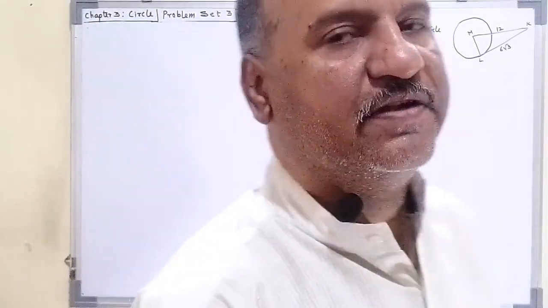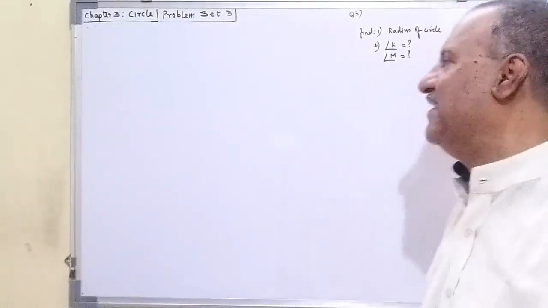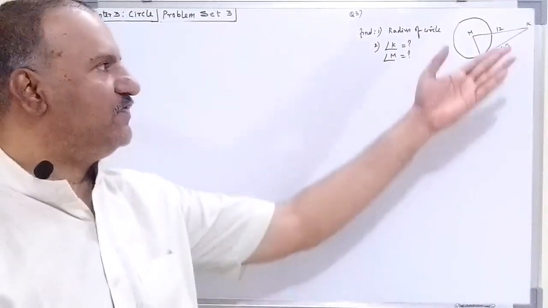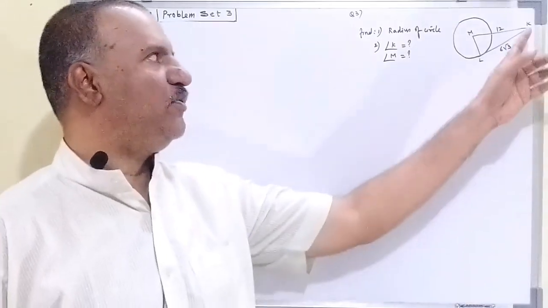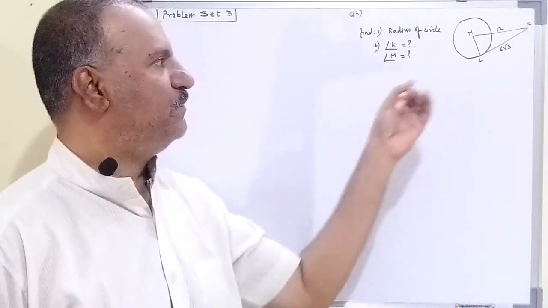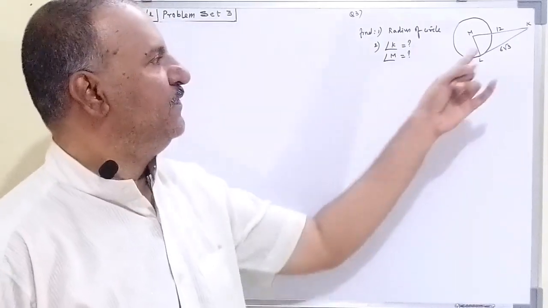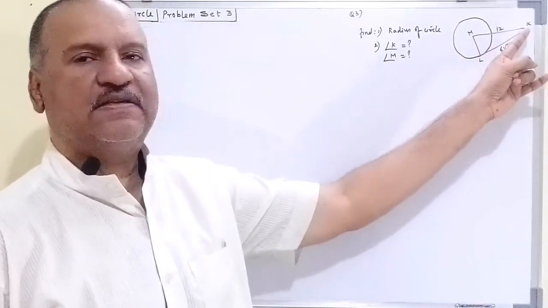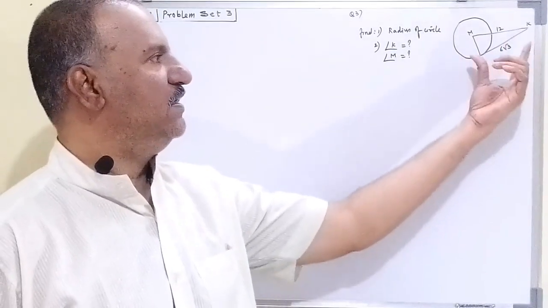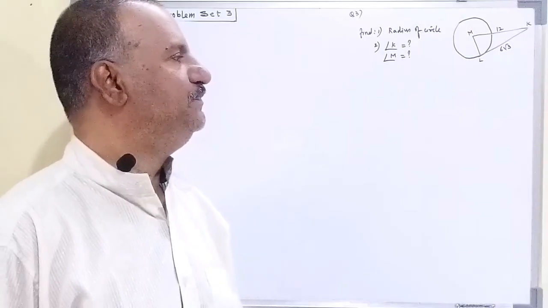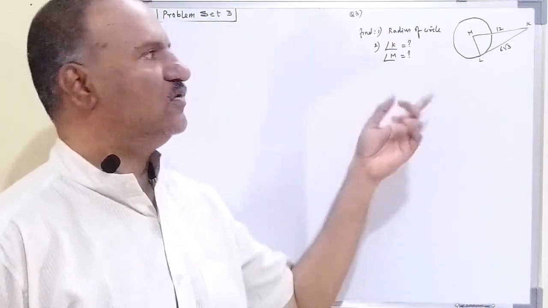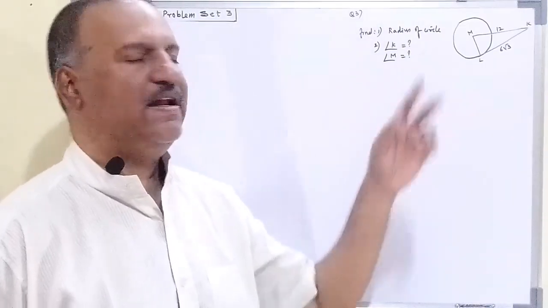They have given us a circle with center N. Point K is a point in the exterior of the circle. From that point K, we draw two segments. One is KL, which is a tangent segment, and the other is a segment which joins point K with the center of the circle. NK is 12 and LK is 6 root 3. You have to find the radius of the circle, that is ML, and then also find angle M and angle K.